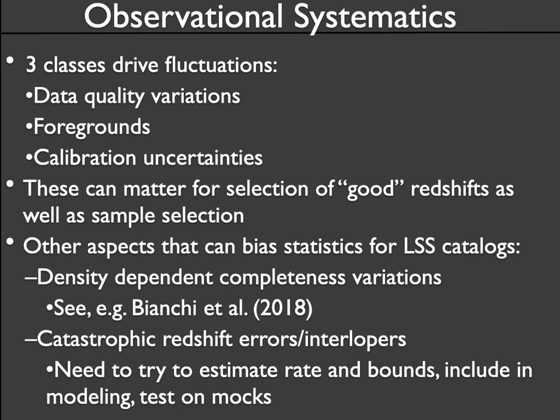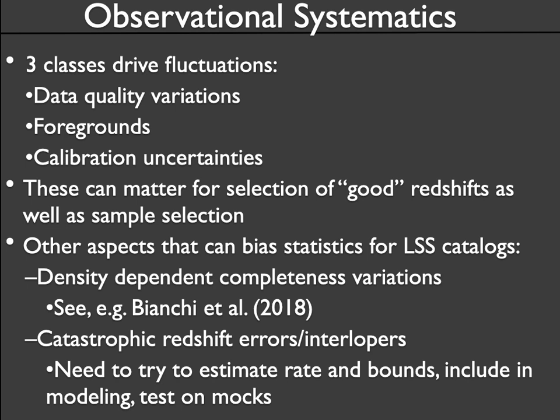And then things like dust in the Milky Way that extincts light, or emission lines from the Milky Way itself that can actually get in our galaxy spectra and mess those up.